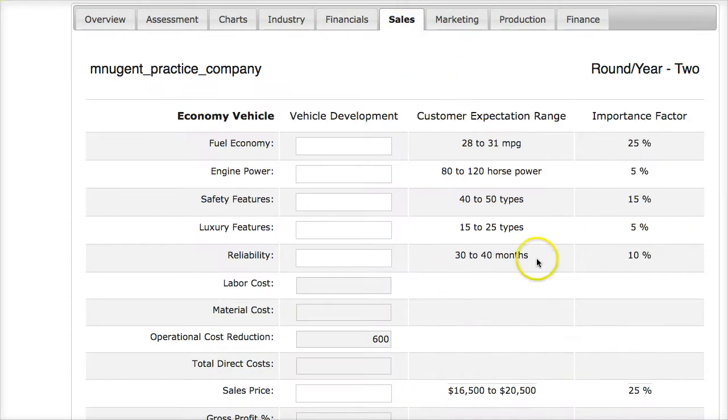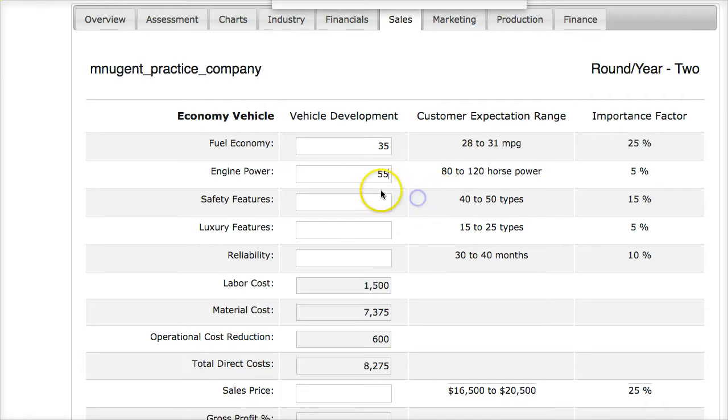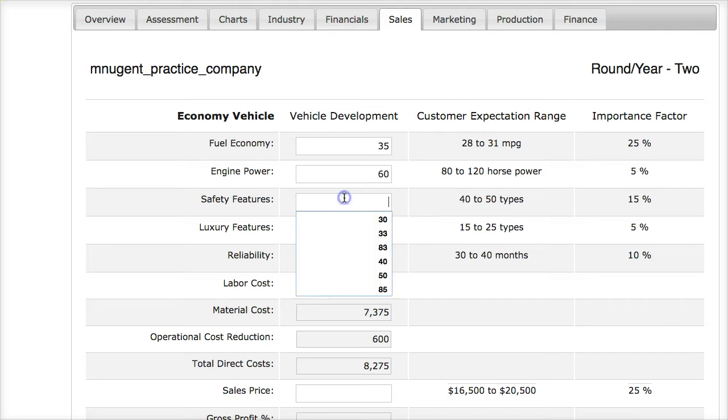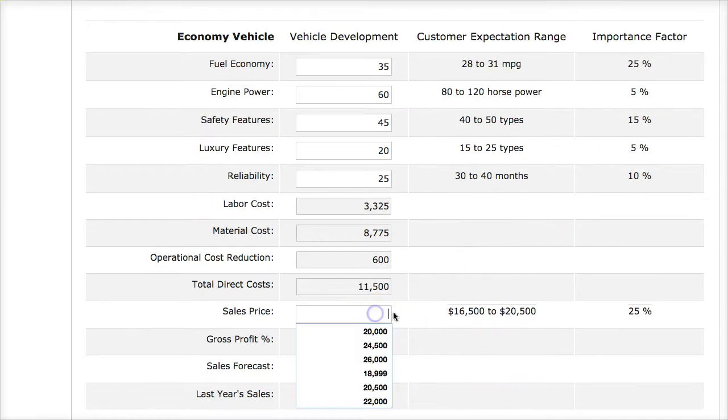I notice that the customer expectations have gone up, and I'm going to build my car and say, okay, this is important, so I'm going to make that high. This is not important, so let me make that low. Oh, there's a limit to where I could go, so let me just make that low. Here again, I am eyeballing what's important to my customers when I'm building the car out.